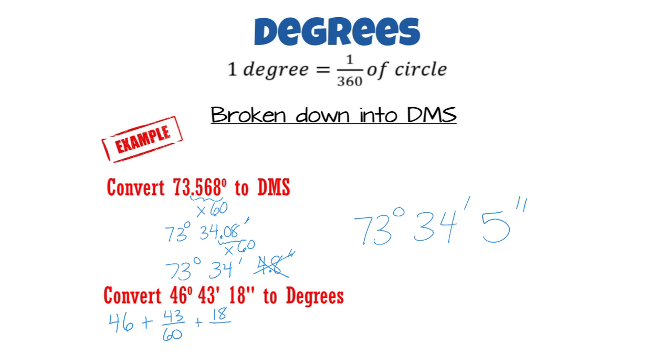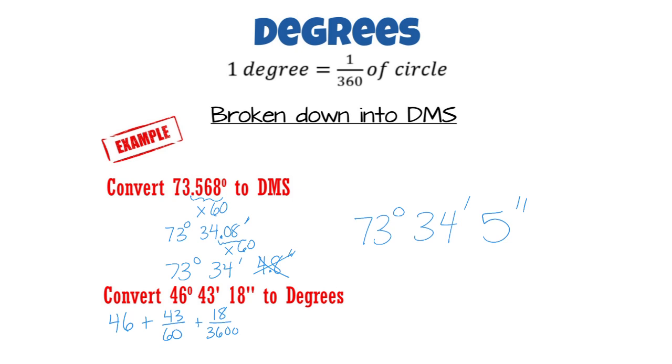I have to convert it clear back to degrees, so I have to divide it by 60 twice, which really is the same as dividing by 3,600. That's 60 times 60. And then I just type that in my calculator, left to right, no parentheses, and it works great.